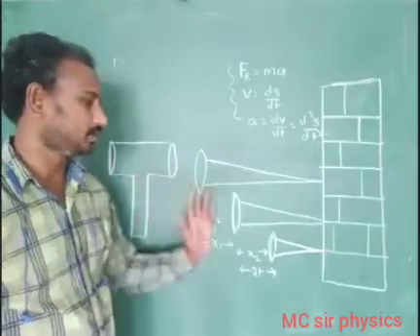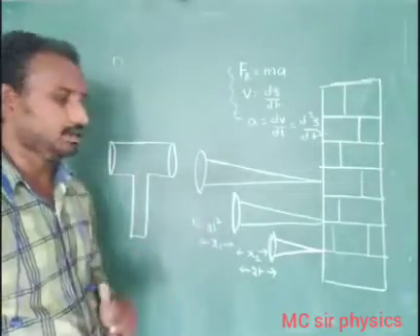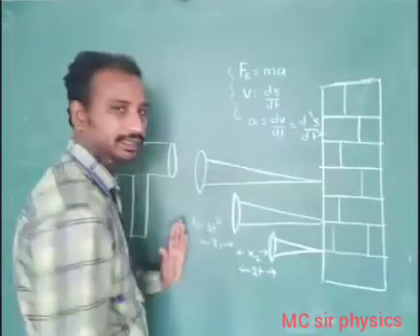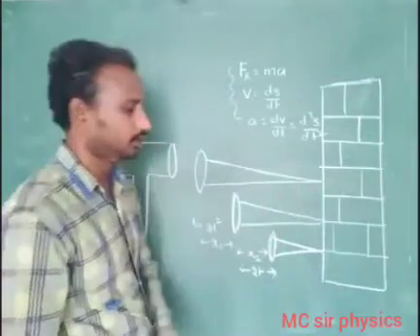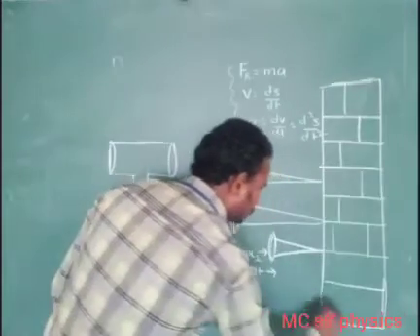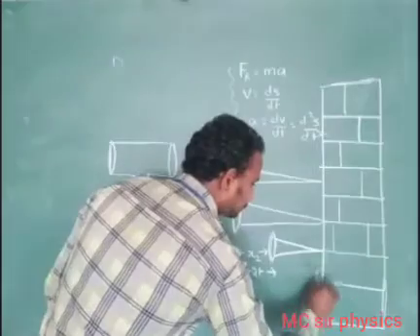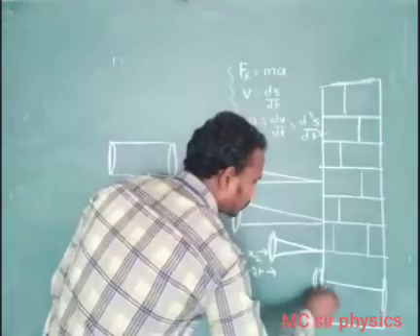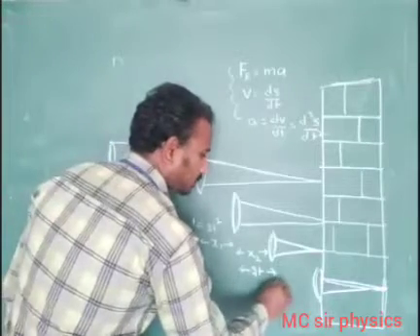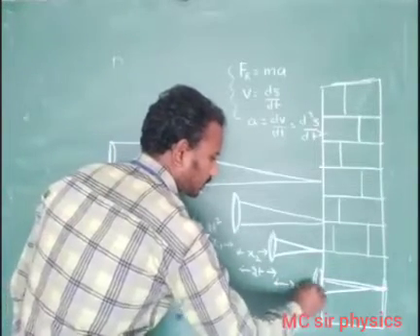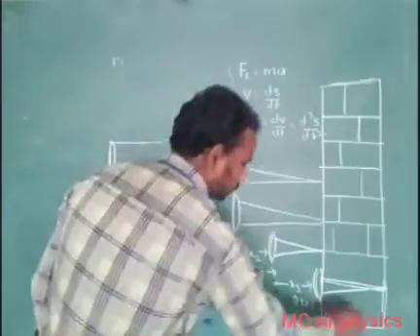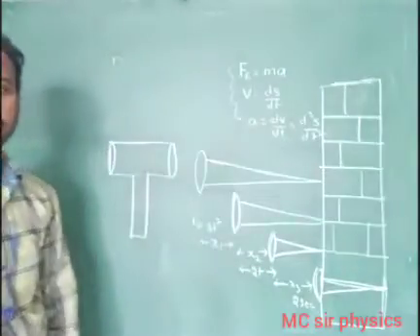Third condition, we have to hit this nail from this position, then it completely moves into the wall. Just identify that third position. Third displacement how much? x3. Time how much? 2 seconds.